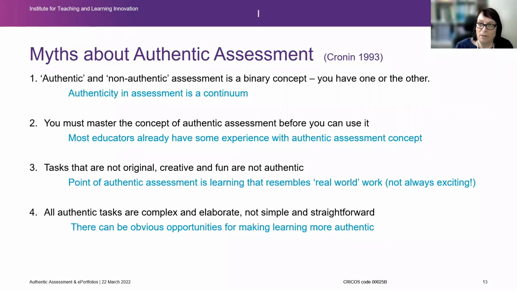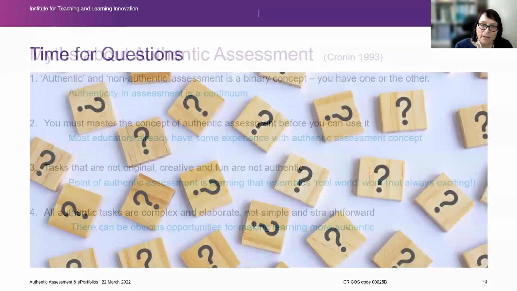It can be simple and straightforward. So what we're about today in this workshop is looking for obvious opportunities that we have existing, or that are relatively easy for us to make more authentic. I think we need a picture there of a guy jumping off a cliff, because you don't actually have to go that far to make things more authentic. Thanks, Shari.